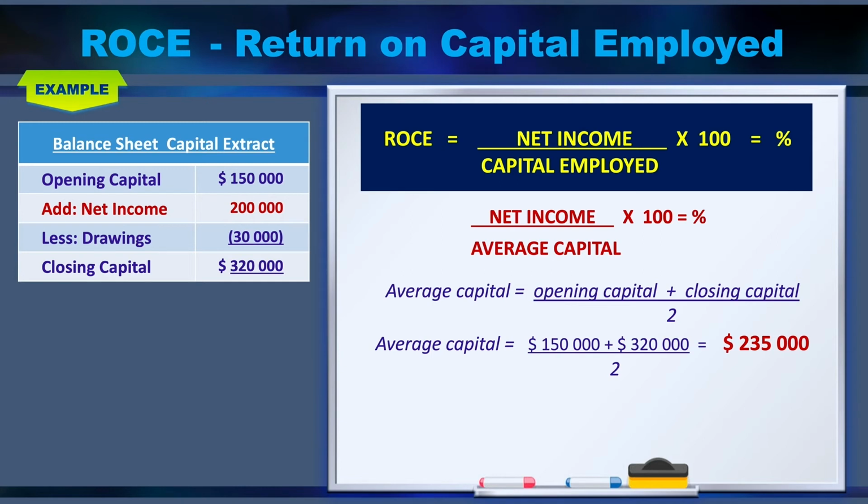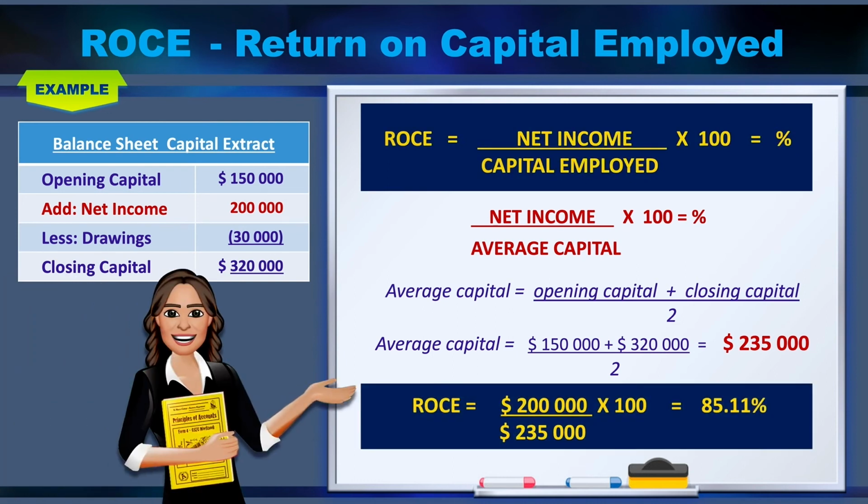And when you plug that into your formula, you will get 200,000 over 235,000 multiplied by 100, which gives you a ROCE, or return on capital employed, of 85.11%. So that would be your ROCE, which means that you earn 85 cents for every dollar of capital employed.